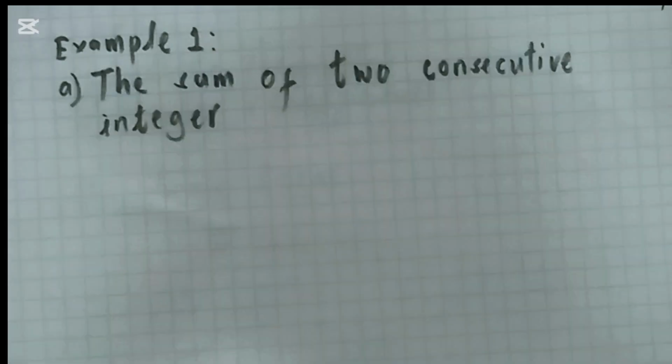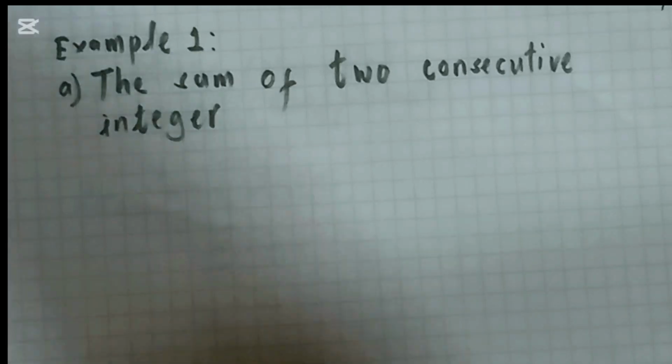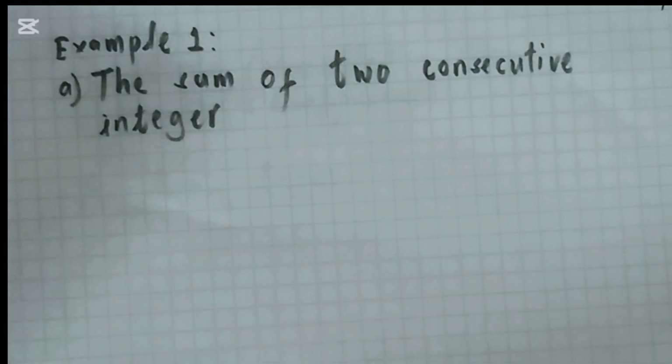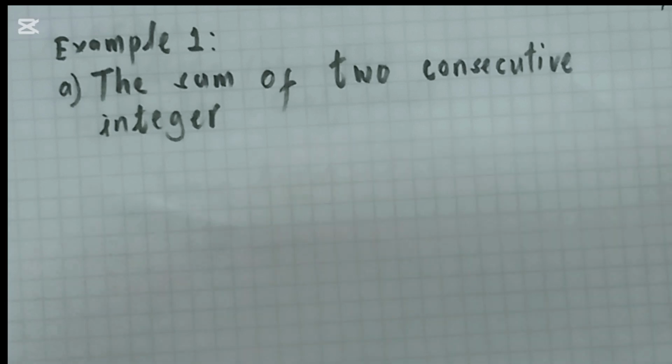This is exactly how algebra is used to solve problems in real life. We're going to form an algebraic expression from the statement: write an algebraic expression for the sum of two consecutive integers.